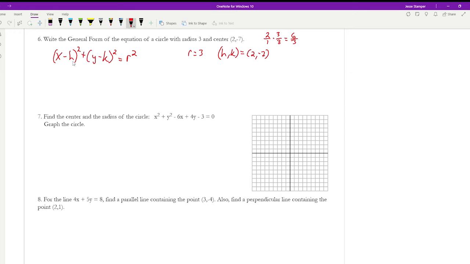Well, x minus h, that's x minus 2, squared. Plus y minus k. Well, that's y minus -7, so that makes it y plus 7 squared. And r is 3, so 3 squared is 9. That's what I was looking for, right there.